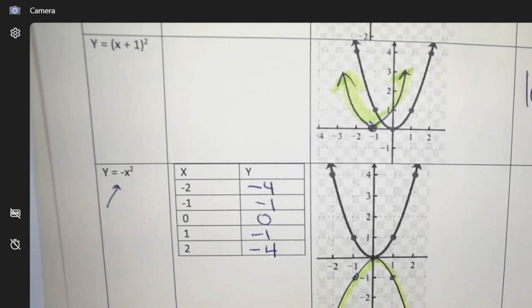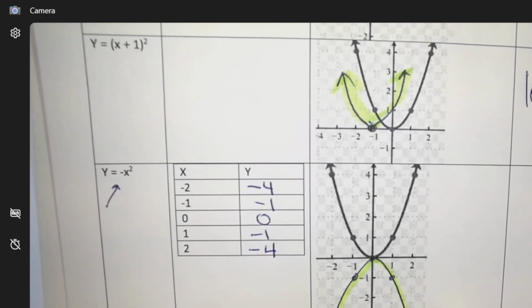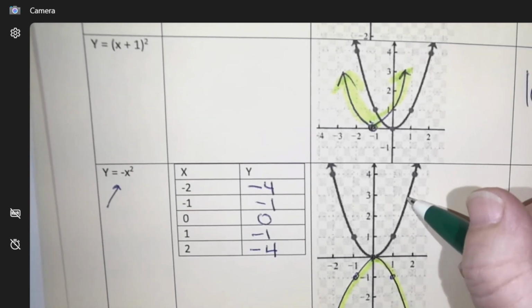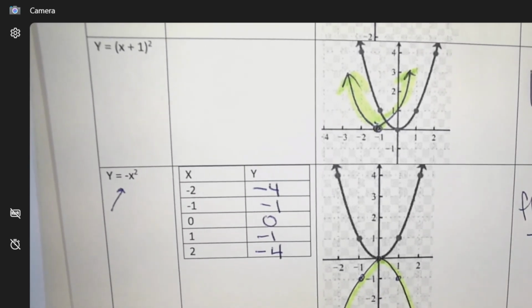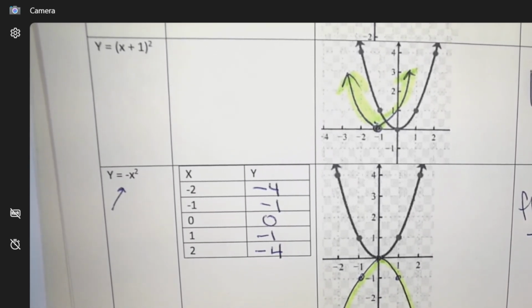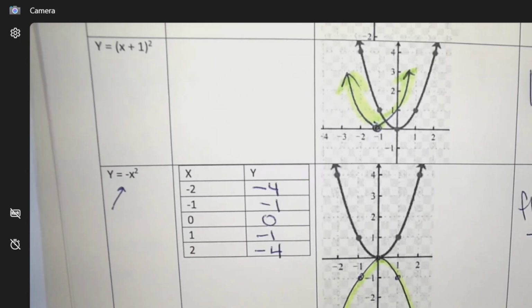Okay, so this is what it looks like. So what has happened from my original? Looks like it has flipped. It flipped. Grade 12, we're going to learn a little more fancy language. It's going to reflect over the x-axis. There was a reflection.